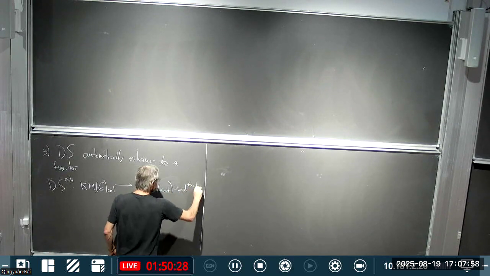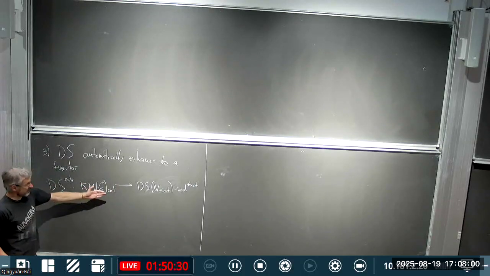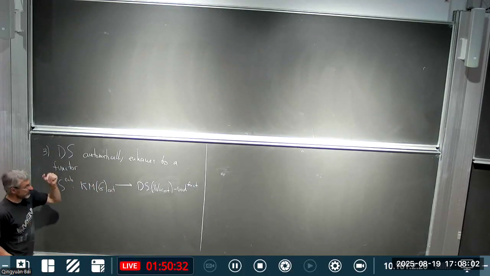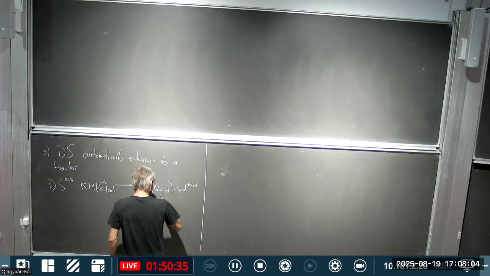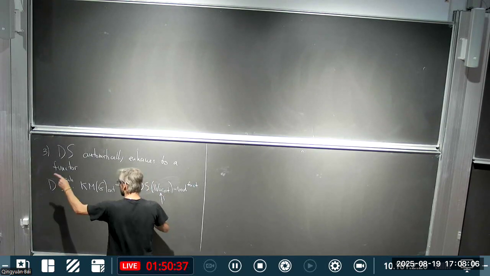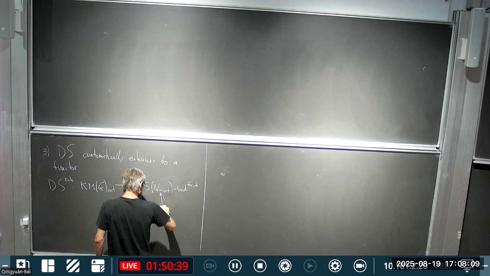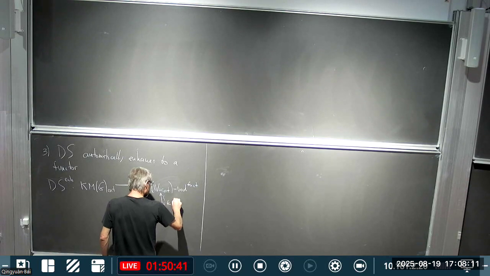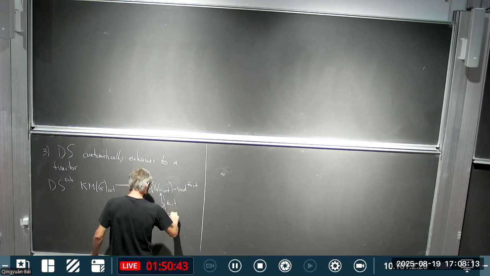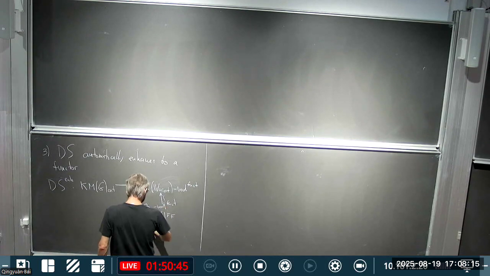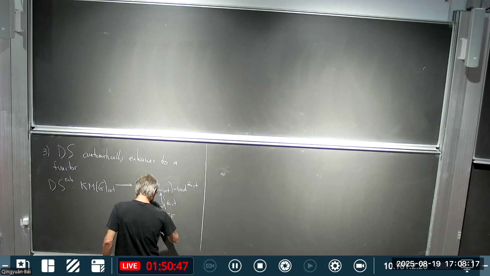So this line would have been valid for any level, not necessarily critical. Now we use critical. So this is, as I wrote there, this. And this, by Feigin-Frenkel, just rewriting what I wrote there, is the algebra of functions on regular opers.